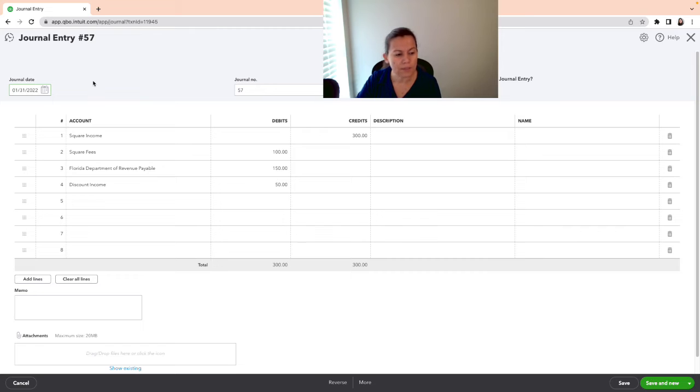So the difference here is that you want to reflect on this journal entry whatever happened in your QuickBooks or in your bank transactions. Now, in this case, you want to use the transfer information for each of the transactions.